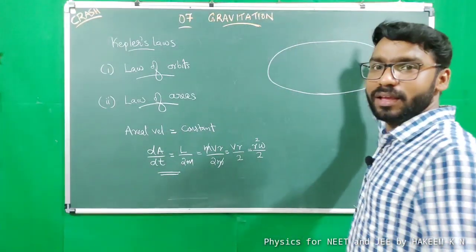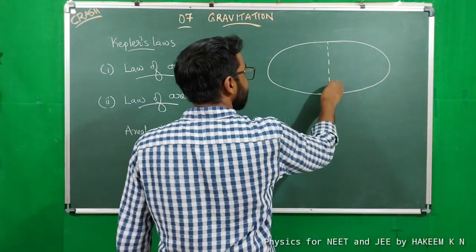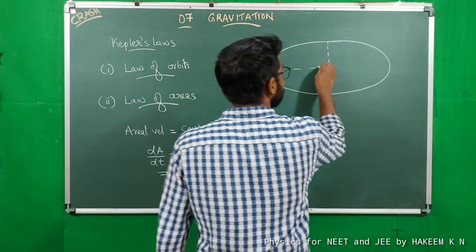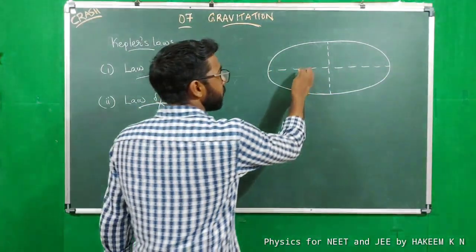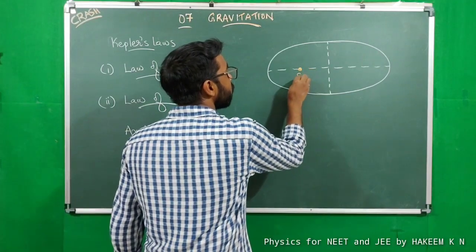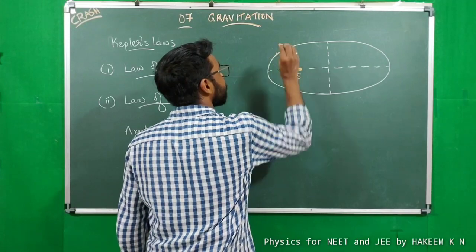If this is the elliptical path, this is the minor axis, and this is the major axis, with the sun at one of the focus, planet is revolving.